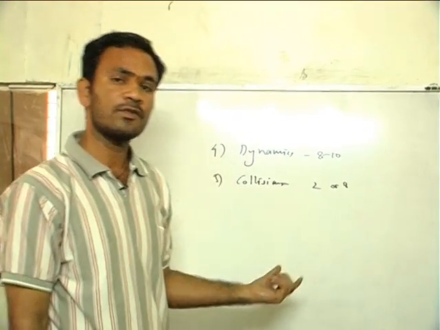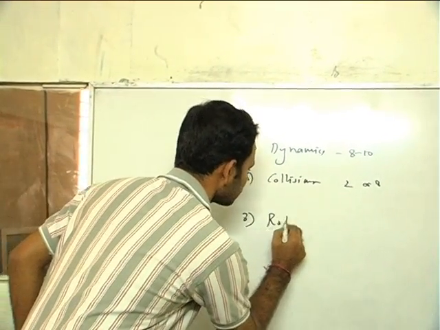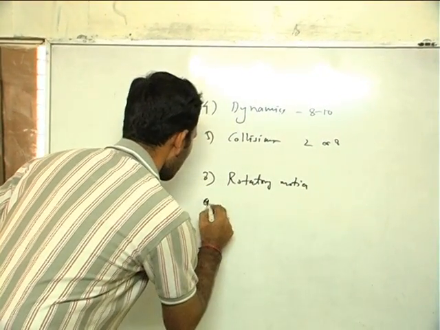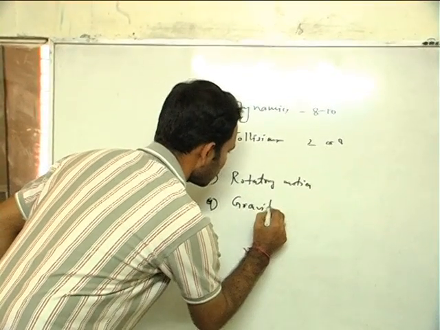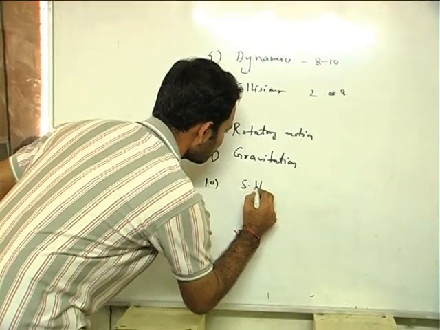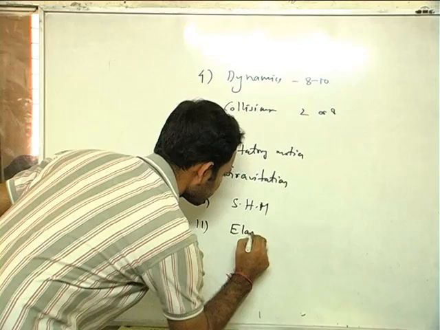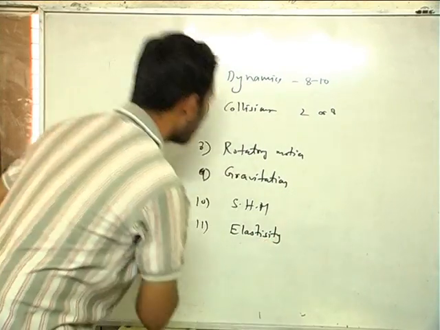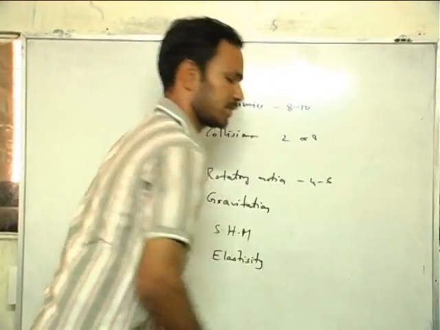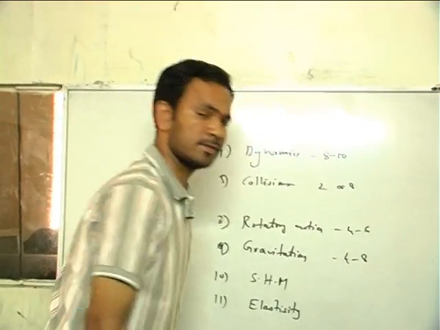Another 4 units are there. The units are the 8th unit, rotatory motion, 9th unit, gravitation, 10th unit, simple harmonic motion, and 11th unit, elasticity. In these units, the 8th unit comes to 4 to 6 marks, and in gravitation we can get 4 to 8 marks.